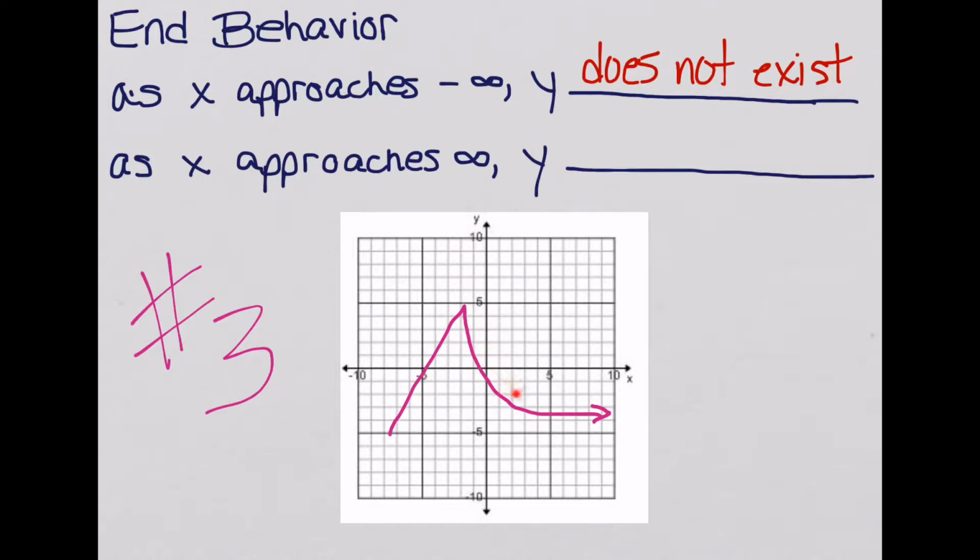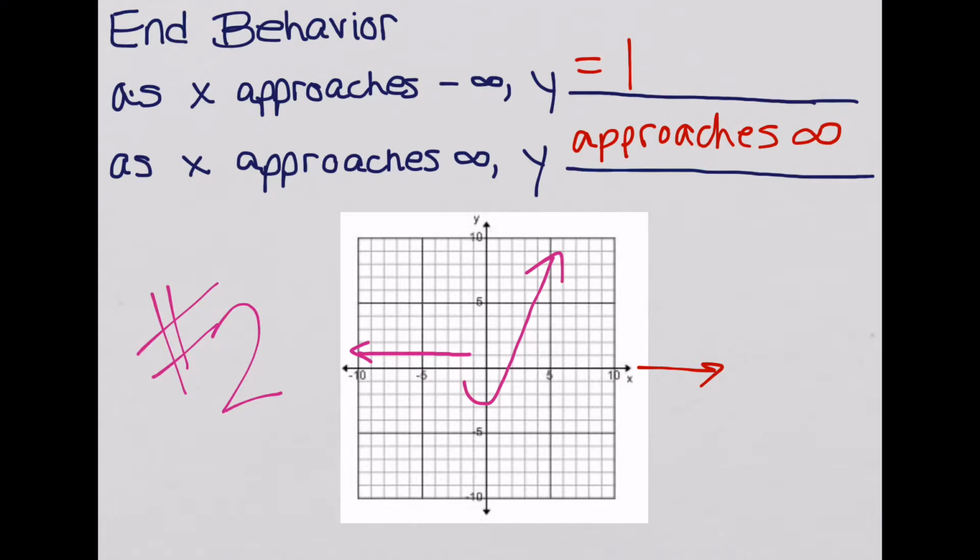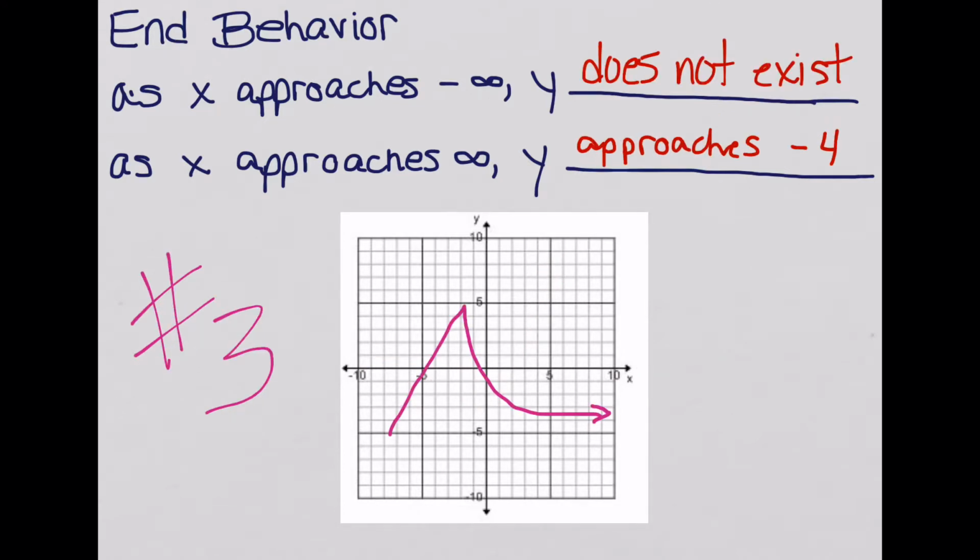It's just gently landing on the runway. It's getting closer and closer and closer to, looks like -4. So y approaches -4. It's not like this one where it was exactly on 1. Nope, this is just getting closer and closer and closer to this asymptote right here at -4.